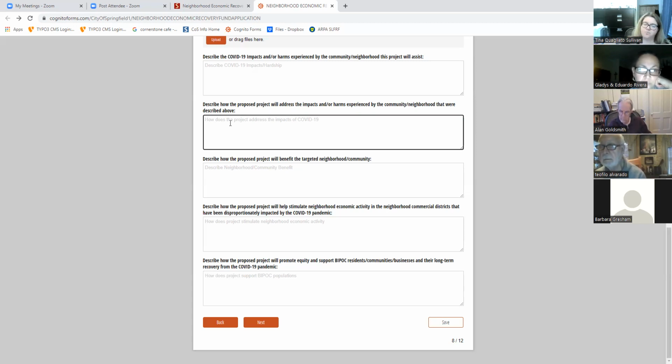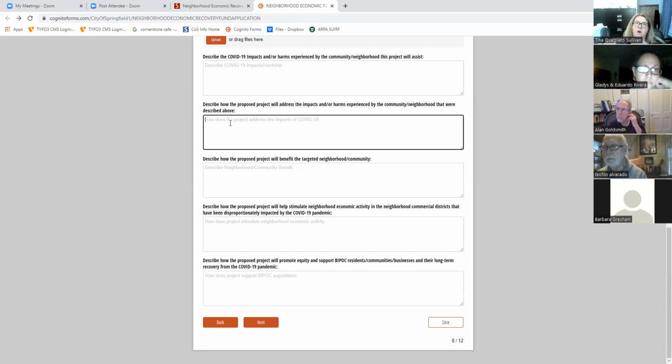It's going to increase foot traffic. And it will bring more people into the neighborhood commercial district, not just to your business, but to surrounding businesses, and overall increase the economic activity within that business district. That's how you need to frame your applications.